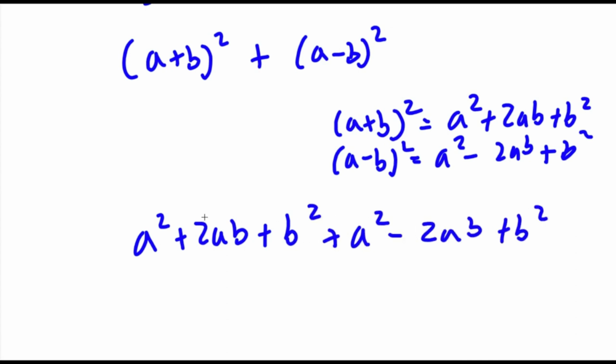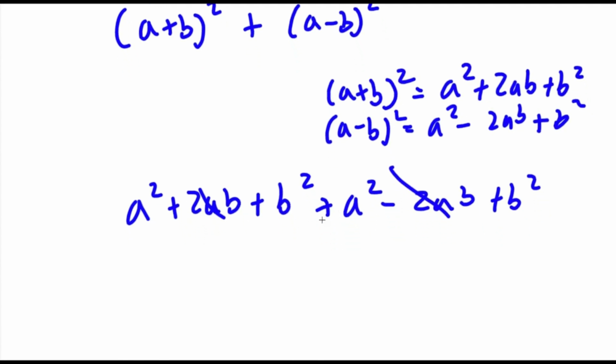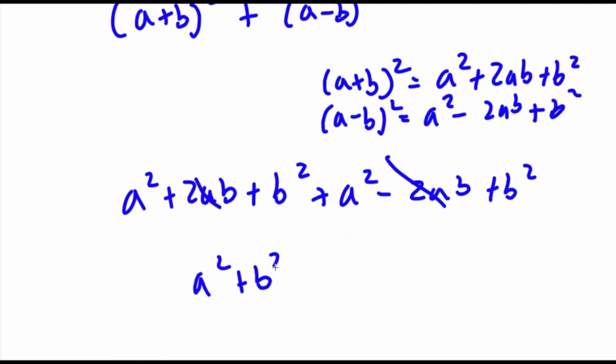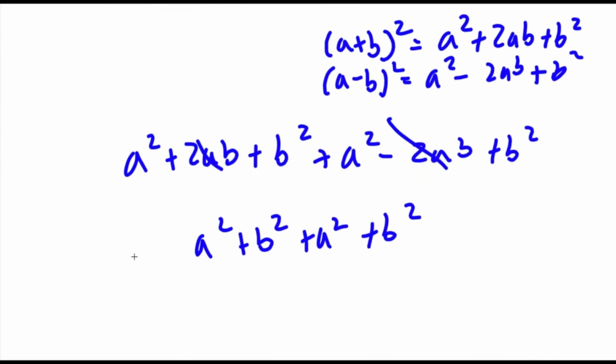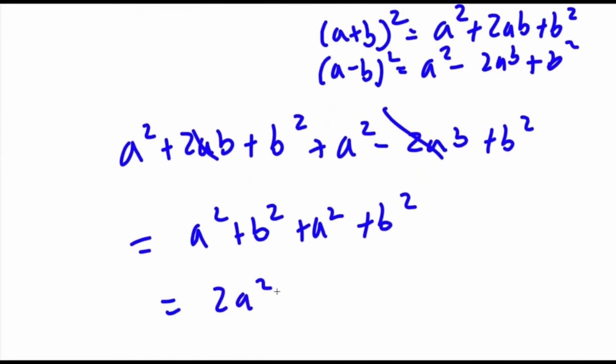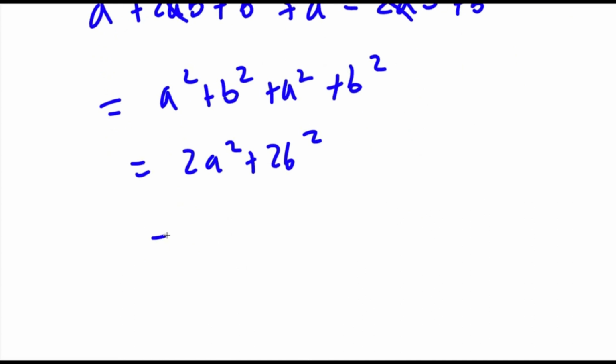So first off, these two will cancel out, and I'll be left with A squared plus B squared plus A squared plus B squared, which is equal to 2A squared plus 2B squared. Now if I factor out 2 from this, I get 2 times A squared plus B squared.